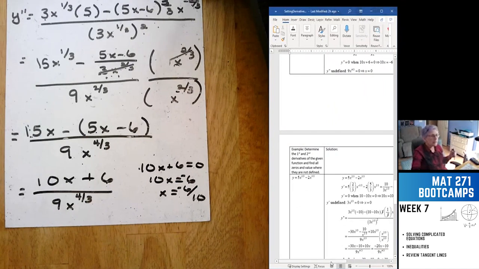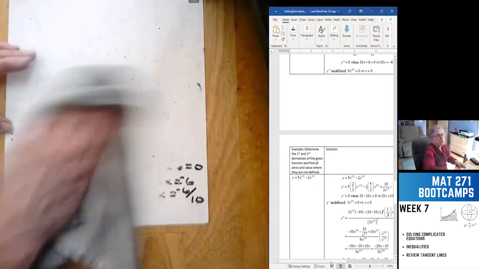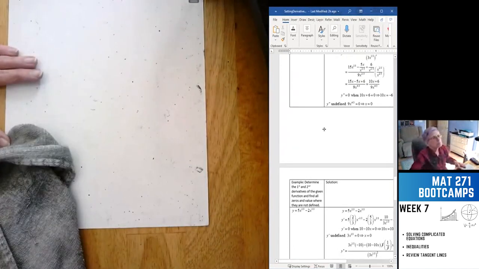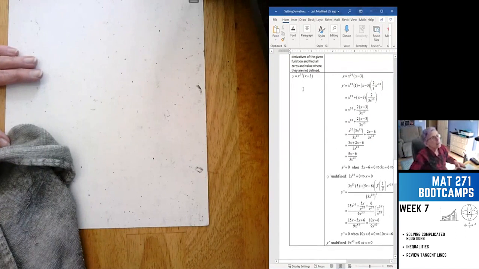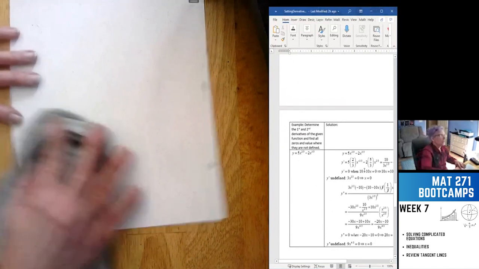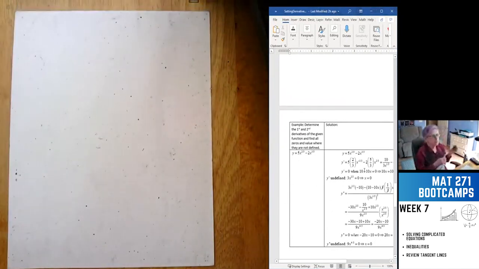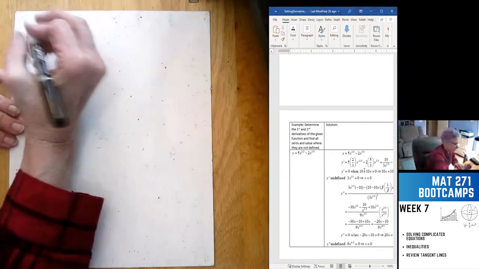Now this one is kind of like that one. It's kind of like what that one would look like if we had distributed that x to the 2/3 throughout the parentheses instead of using the product rule. So we're going to get similar kind of results. It's way easier to take the derivative of, though.